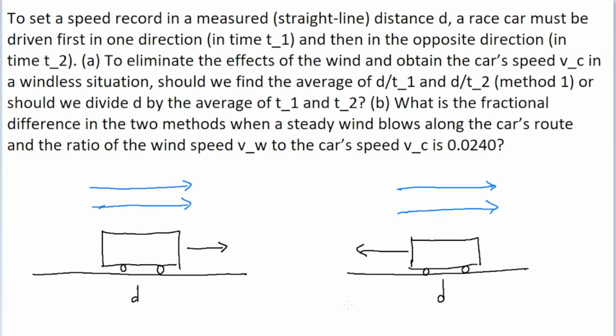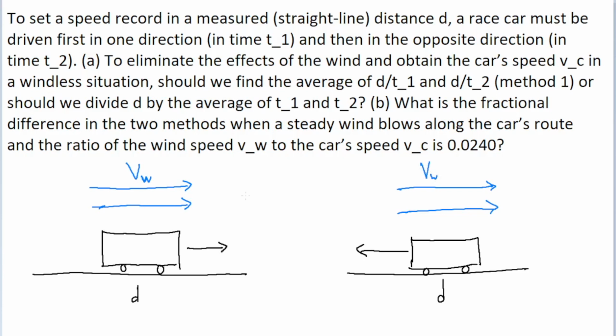Now, what's interesting about this problem is that there is the presence of wind, which I've represented with these blue arrows. So this is V sub W as defined in the problem description.